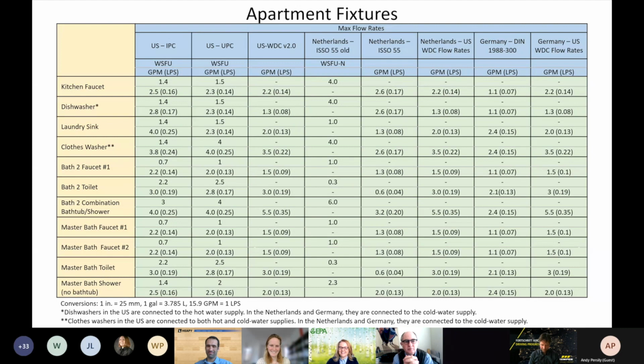But anyways, so the question is, why are the fixture unit values different between the UPC and IPC? Starting with the original Hunter's curve, the curves do not have the origin at 0 because it's a probability curve.